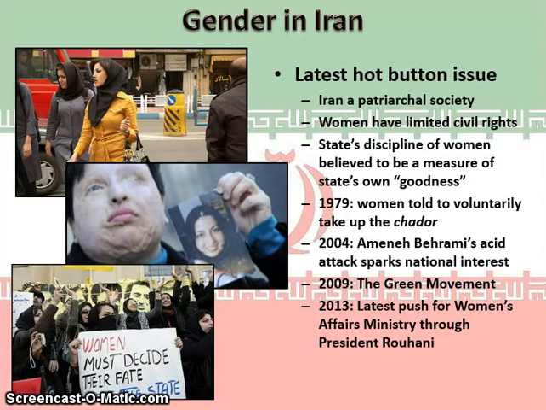For example, in 2004, Ameneh Bahrami had turned down a suitor's proposal, and in return he threw acid in her face. So it was a 5-year-long process in order to put into place a qisas, which basically means an eye for an eye, retribution in Sharia law.